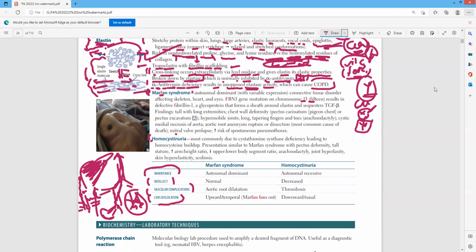So if you have damaged elastin, in alpha-1 antitrypsin deficiency for example, you will have collapsed bronchioles and trapped air here, and this is what we see in COPD, or chronic obstructive pulmonary disease. There is an obstruction of the air; you can't get it out of your lung.